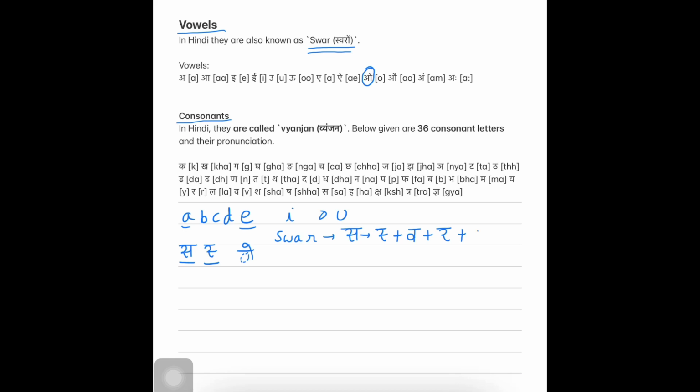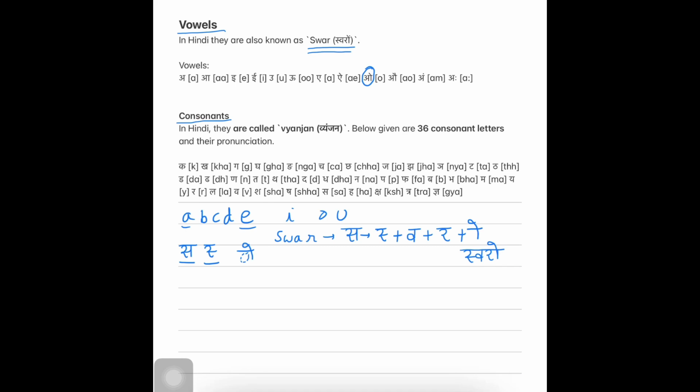This is the symbol of the vowel which is to be added. So it becomes sa, wa, ra, o ki matra: swaro.